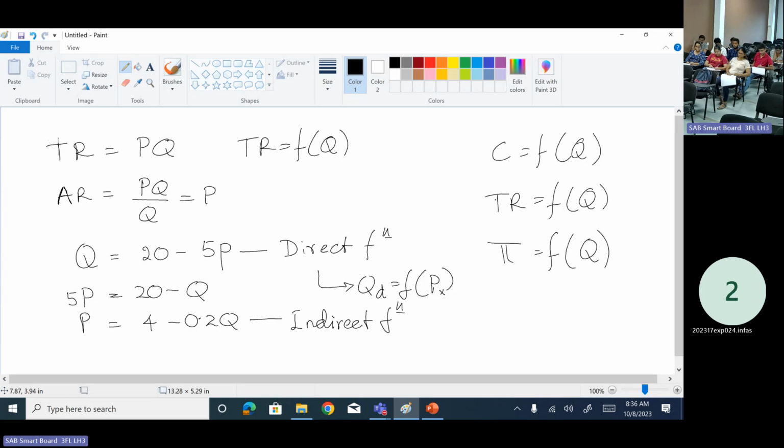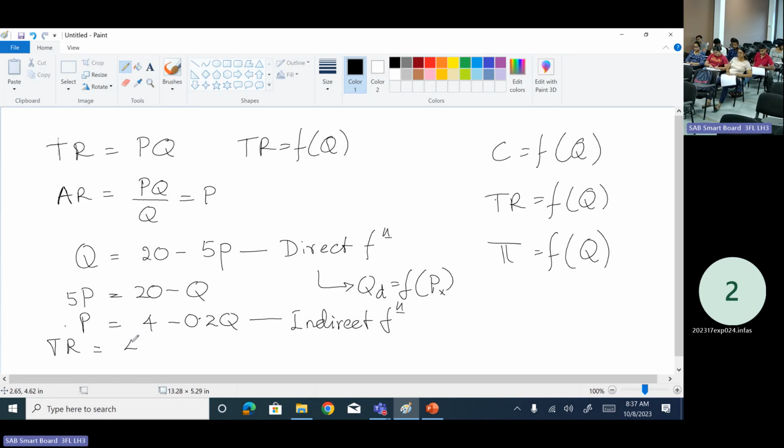Now total revenue also depends on the output. So when you measure the total revenue, we have been given the demand function, and we need to find the indirect function, the price function, in order to calculate the total revenue. Then you can calculate the total revenue function, price into quantity.